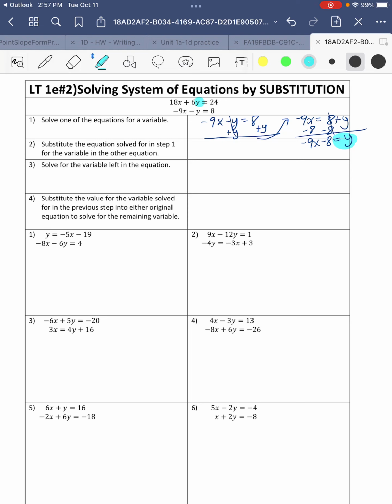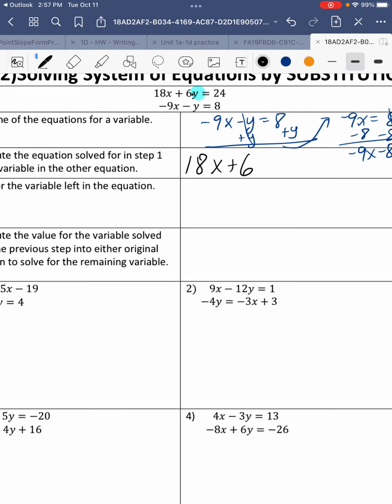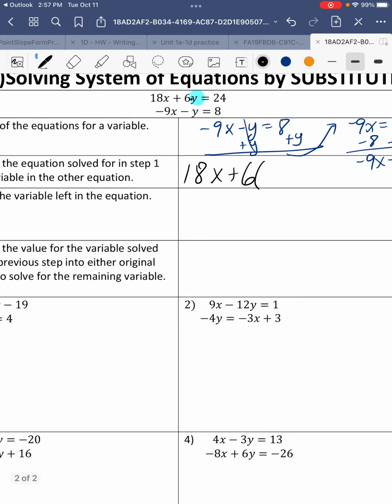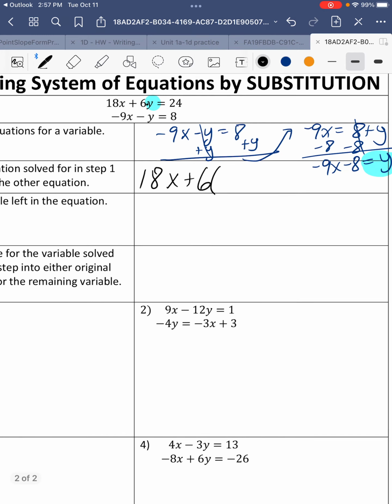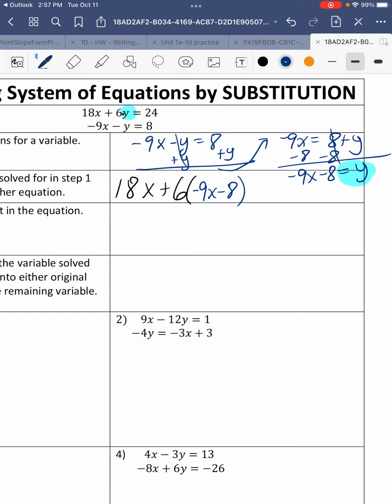So I'm going to take 18x plus 6 times y. Instead of y, I'm going to replace it with negative 9x minus 8. That equals 24.